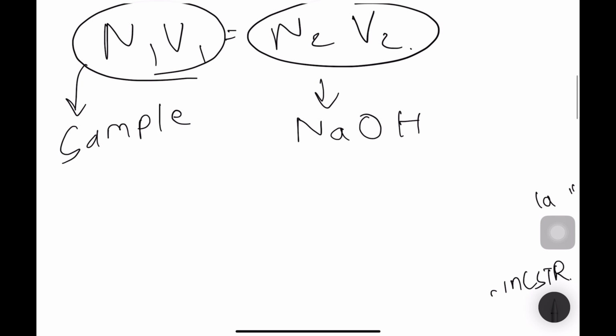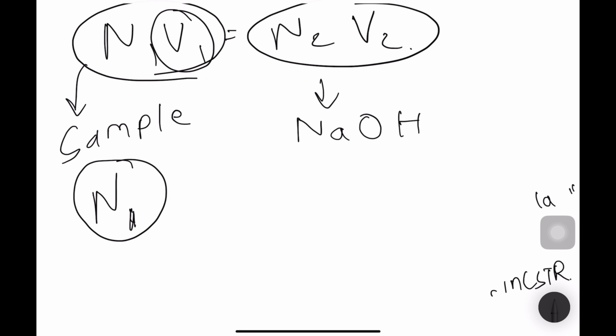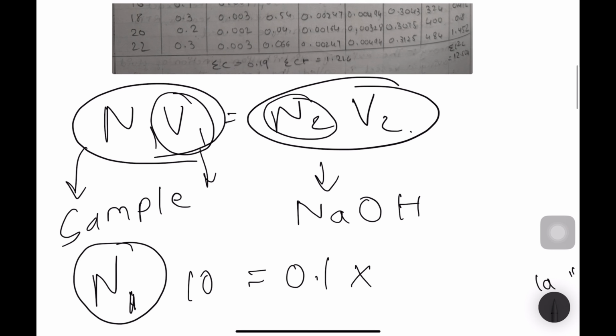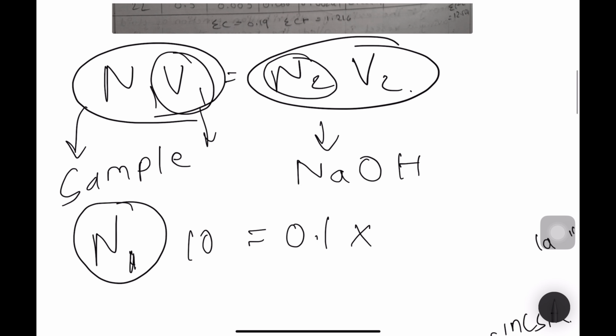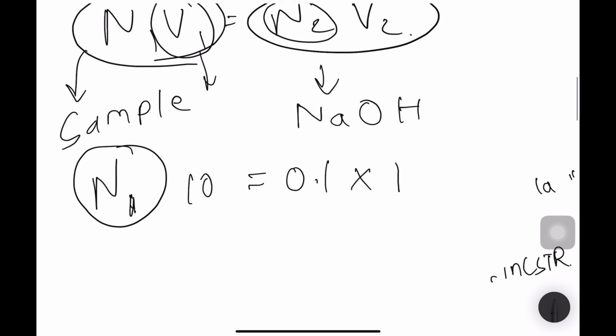So we have to find the concentration of the sample, N1, and we know the volume of sample we have taken, which is 10 ml, and we also know the concentration of NaOH, which is 0.1, and from the observation we also know the volume of NaOH, which is equal to 1 ml.